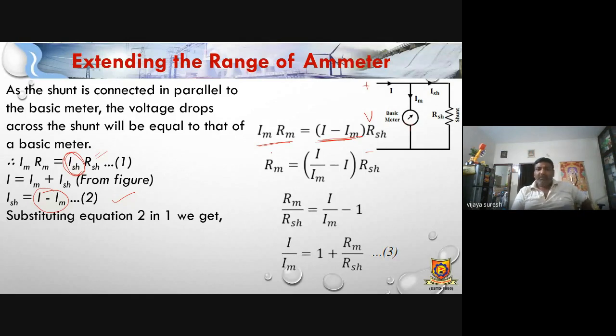Now from this we need to calculate the Rm value, because the meter resistance is what we need to calculate here.